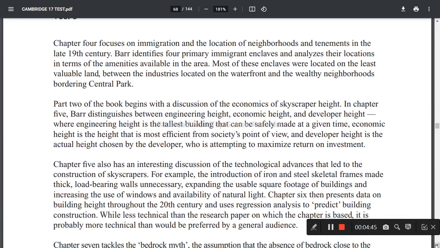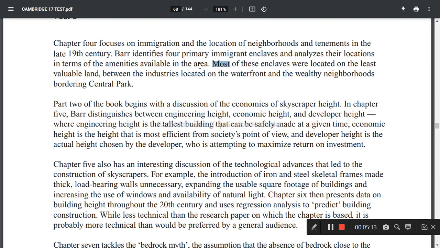Chapter 4 focuses on immigration and location of neighborhoods and tenements in the late 19th century. Barr identifies four primary immigrant enclaves and analyzes their locations in terms of the amenities available in the area.